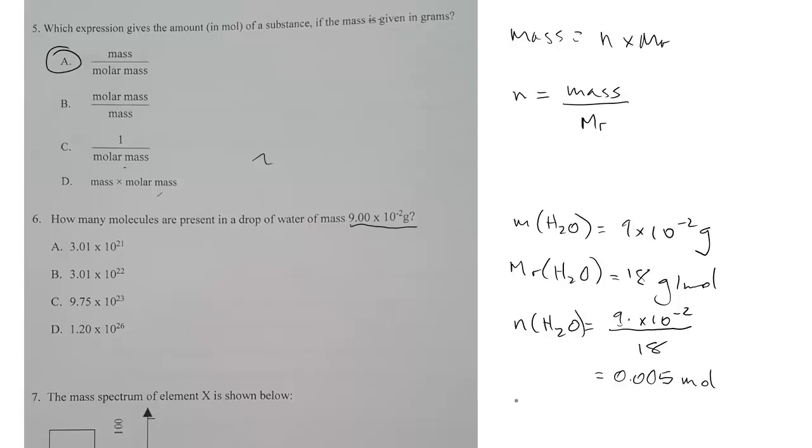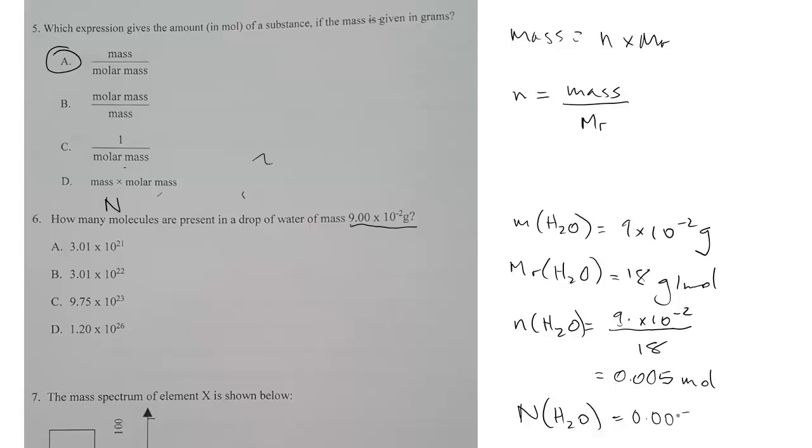And then with that, we actually need to work out how many molecules. So we need to work out the number of them. So if we go back to our calculation, the number of water molecules is, we take this mole amount here and we times it by Avogadro's constant.